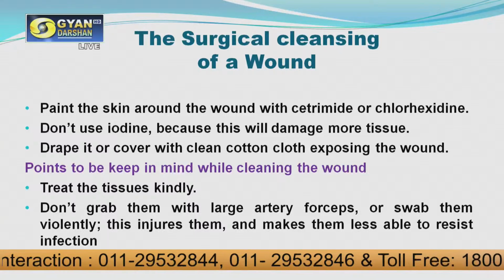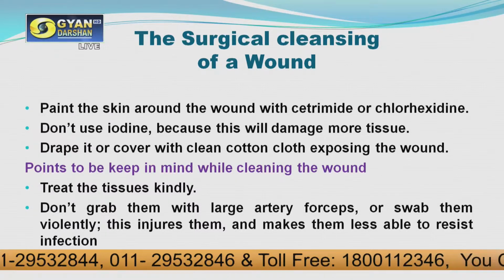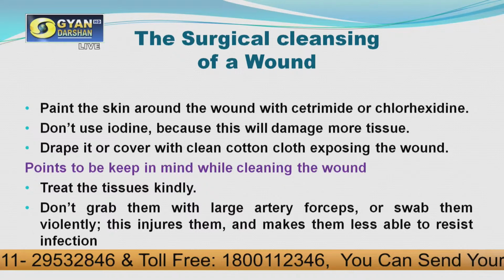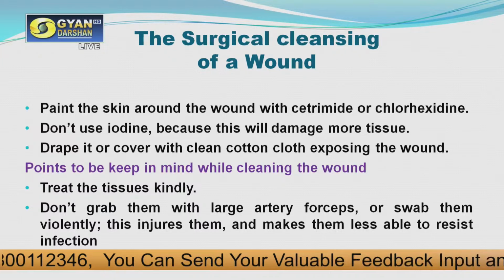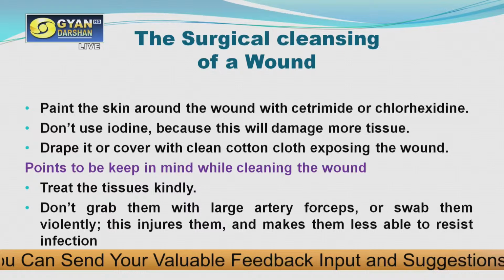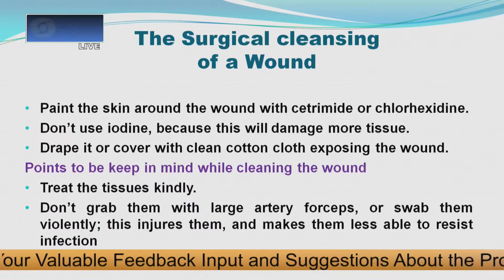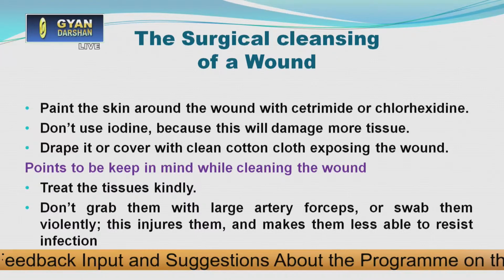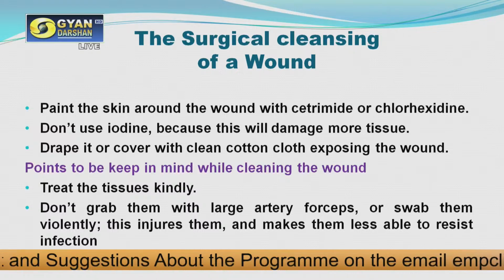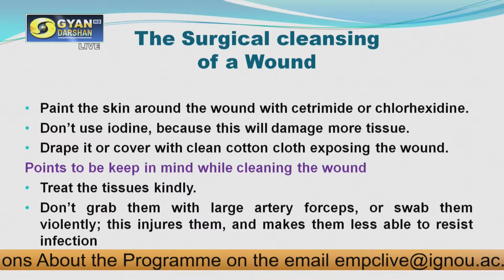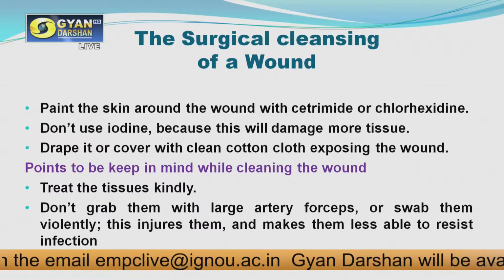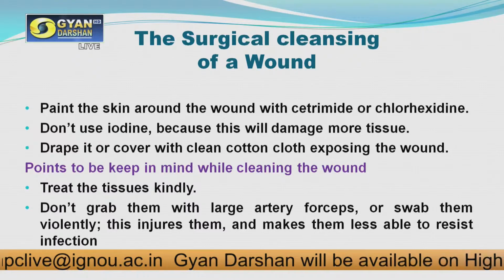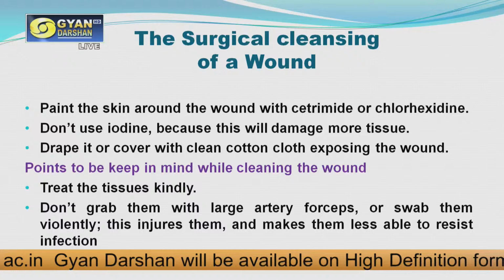After that, surgical cleansing of the wound. There is a difference between the two. First I told you about social cleansing, where you use soap and water, cover the wound, and around the wound you cleanse the skin using tap water, soap, etc. Now in surgical cleansing of the wound, you paint the skin around the wound with cetrimide or chlorhexidine.